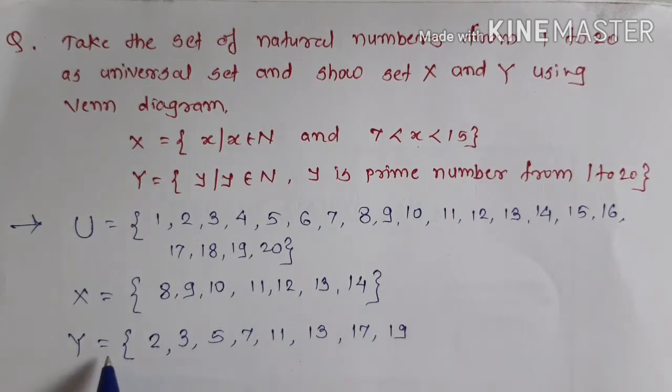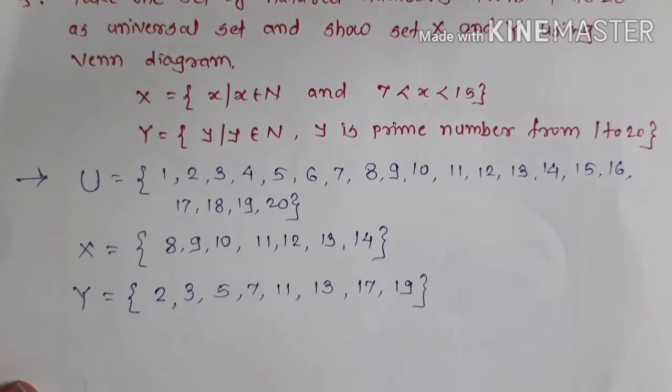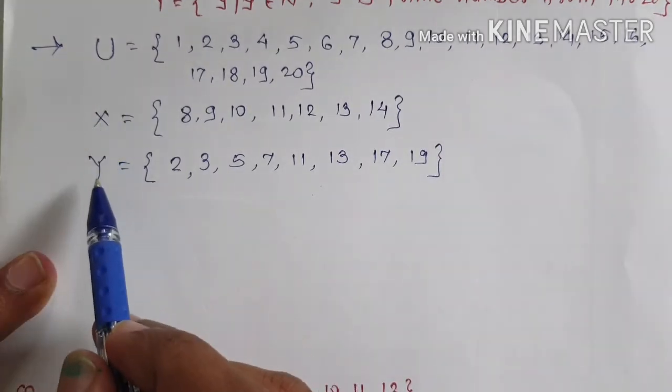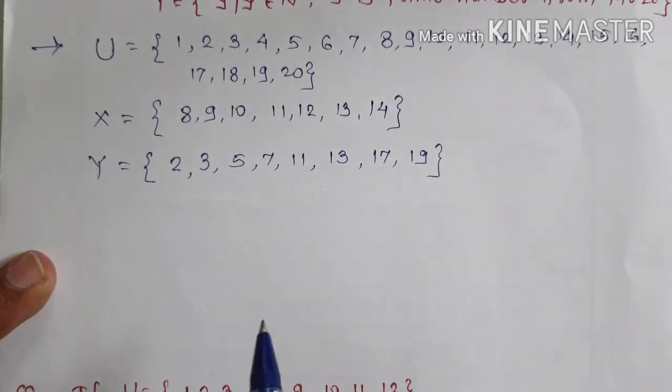So these are the prime numbers which are less than 20. Curly bracket complete.